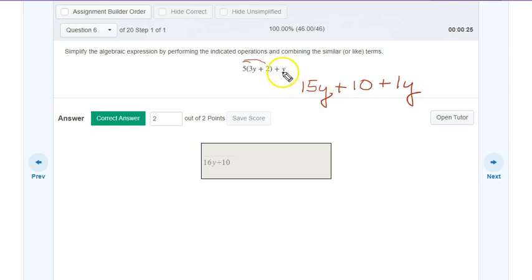Now notice they don't write the 1. That's by convention. But for calculations, if you want to do that, that's fine. So we have 15 y's and 1 y give us 16 y's plus 10.